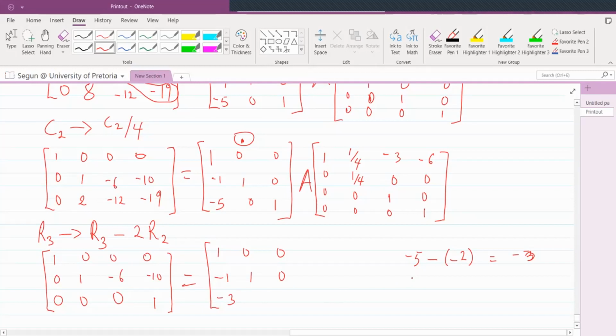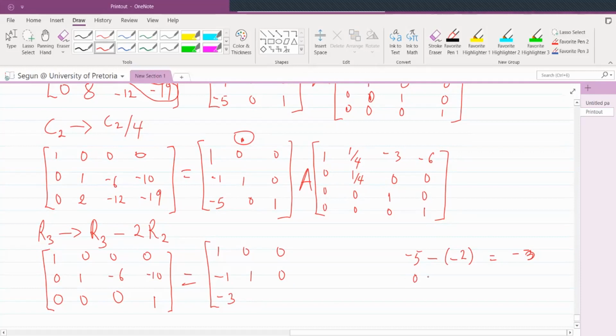So the next thing is 0. We have 0 minus 2, which equals -2. You have 1 minus 0, which equals 1. Any question? Any question, please?